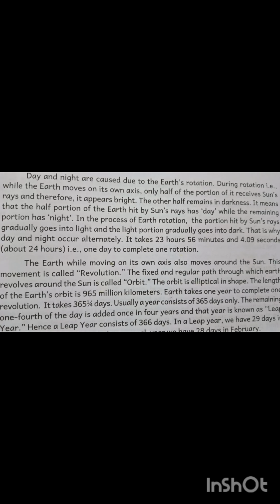The half portion of the earth hit by the sun's rays has day, while the remaining portion has night. In the process of earth rotation, the portion hit by the sun's rays gradually goes into dark, and the dark portion gradually goes into light.